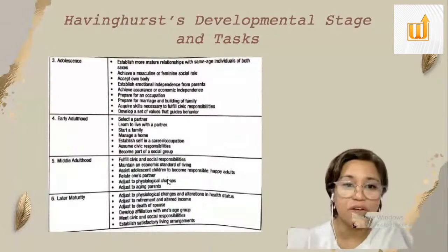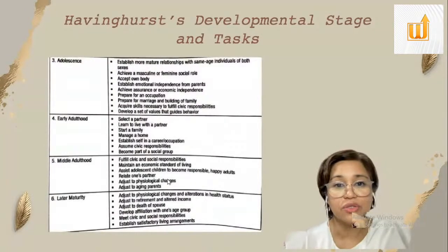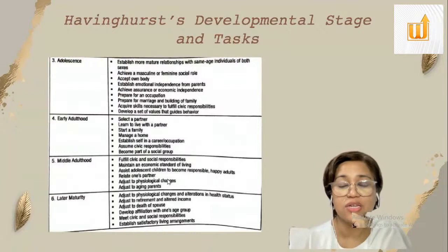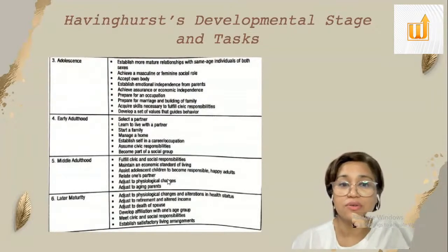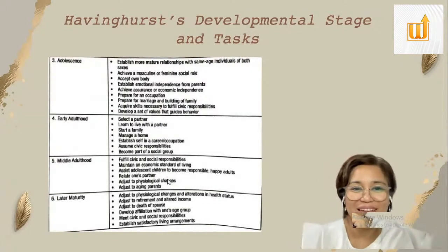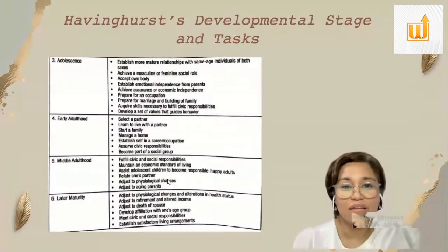In the adolescence period, the developmental tasks are establishing a more mature relationship with same age individuals of both sexes or peers, achieve a feminine or masculine social role, accept their own physical body, of course, the acceptance of their genetic makeup, establish emotional independence from parents, provide assurance of economic independence.